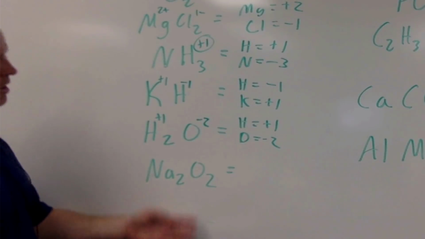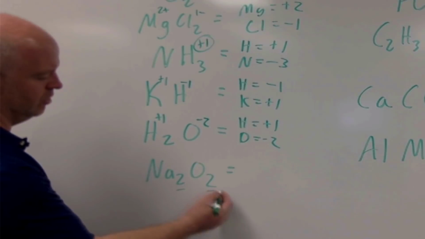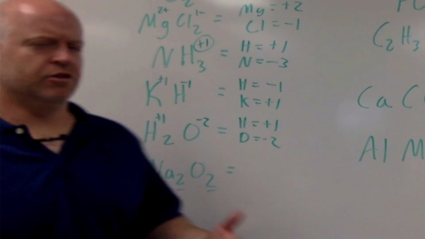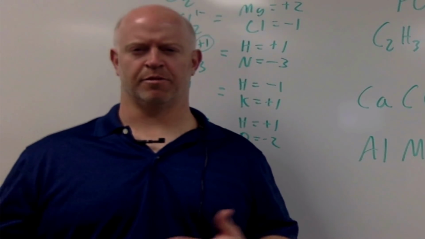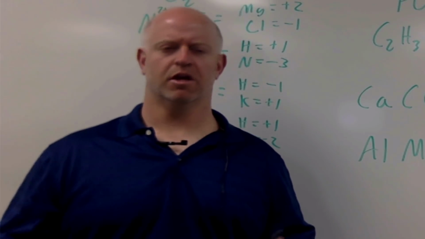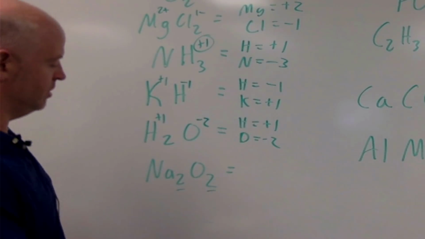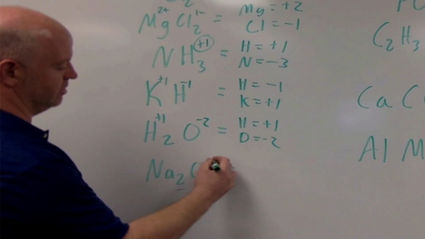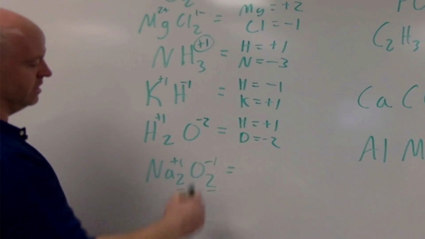Going down to our bottom one, we have sodium with oxygen. It looks kind of weird because we have Na2O2, which should look weird to you because most of the time with oxygen, we see this doubling effect, like a 2-to-1 ratio. Because this is a peroxide, we have sodium peroxide. As a peroxide, oxygen takes on a -1 oxidation state. Sodium is going to be a +1 oxidation state.